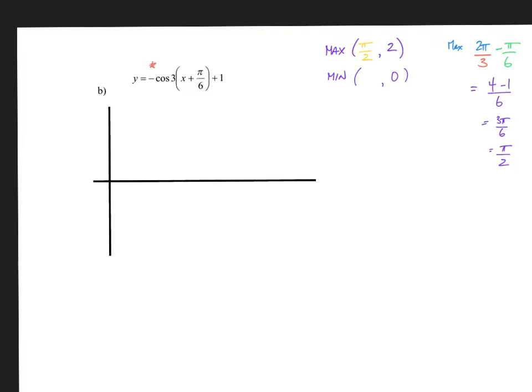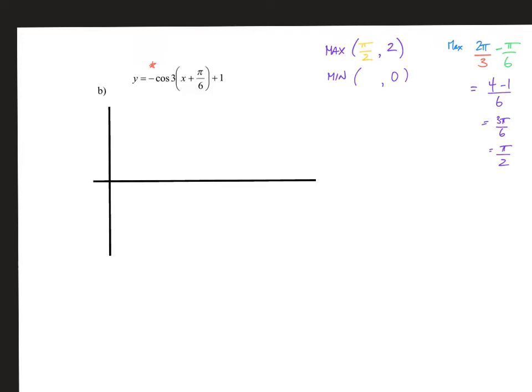You may have noticed that I didn't take into account the reflection in the x-axis. So be careful: the reflection in the x-axis isn't the issue between the max and the min. It's not like I calculated my value wrong. It's that because of the reflection in the x-axis, my maximum and my minimum changed.